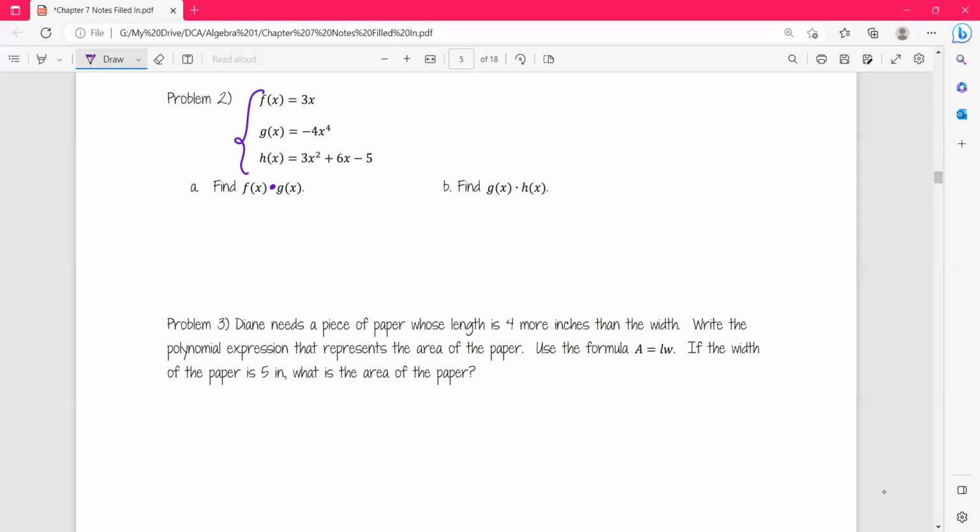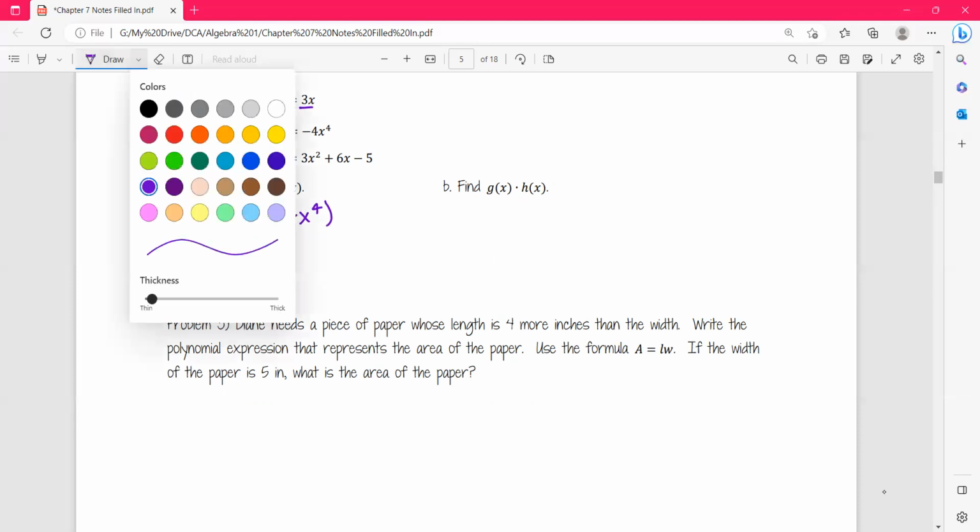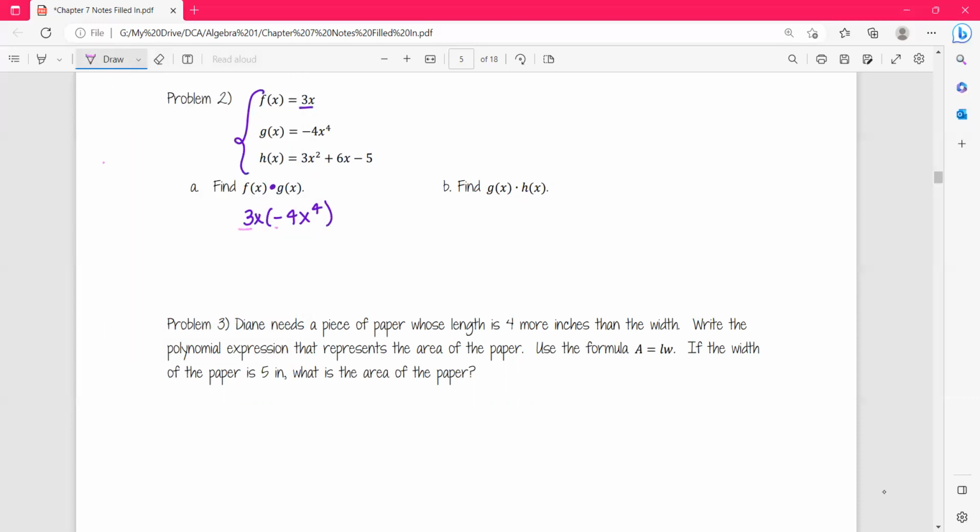I'm going to put the f of x, which is 3x, times g of x, which is -4x to the fourth. So these are just two monomials that we're going to multiply together, the like terms. So I've got 3 times -4 is -12. X times x to the fourth, multiply variables, add the exponents, I get -12x to the fifth.